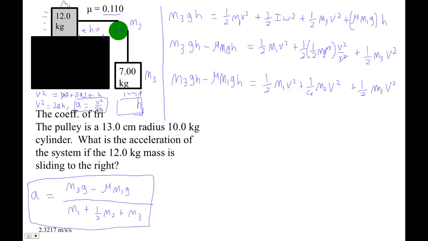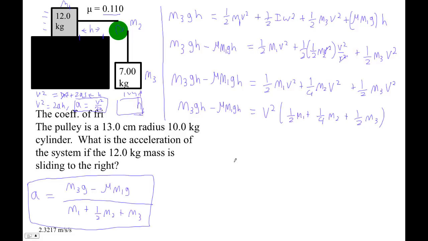Okay. And then the next thing to do is factor out the v's, right? v squared outside of 1/2 m1 plus 1/4 m2 plus 1/2 m3.